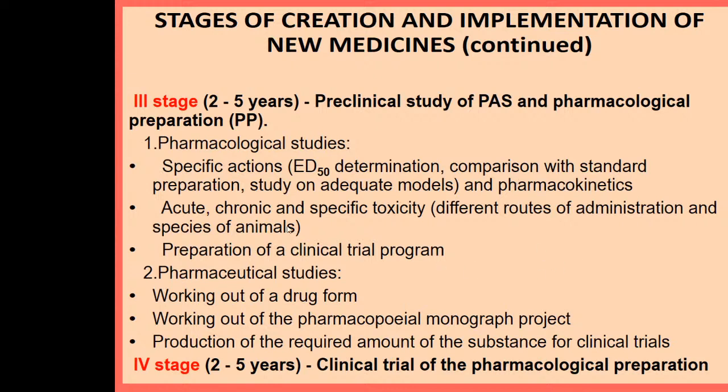So you see that the third stage, preclinical study, includes pharmacological studies and pharmaceutical studies. Pharmaceutical studies are working out a drug form, working out a pharmacopoeial monograph project, or description of physicochemical properties.